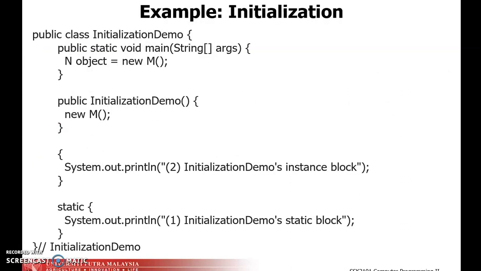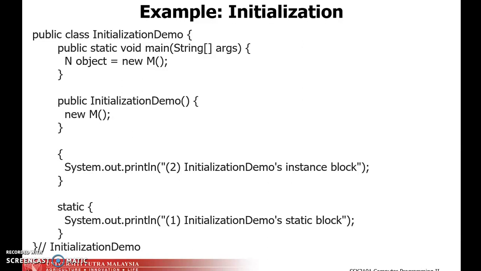Alright. And you may observe class N as the superclass extended by its subclass, class M. In each class, there is a common initialization block and another one that is declared as a static initialization block. Bear in mind, each class also has a constructor.